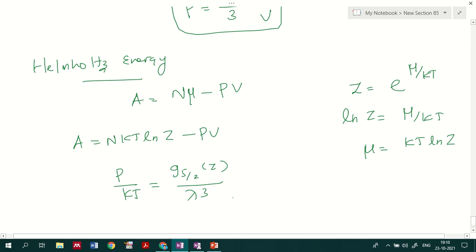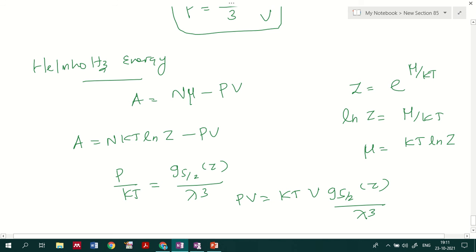PV equals kT V g_{5/2}(z), because if you take the kT to the other side, P by kT equals g_{5/2}(z) by lambda cubed, then PV means kT into V g_{5/2}(z) divided by lambda cubed. So this is the representation we will be getting in that situation.